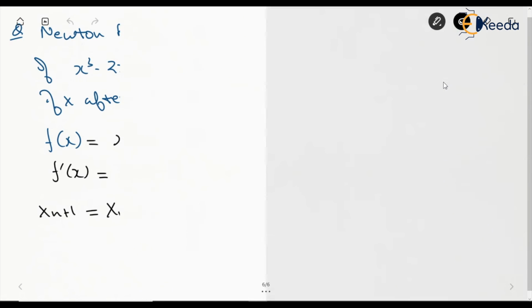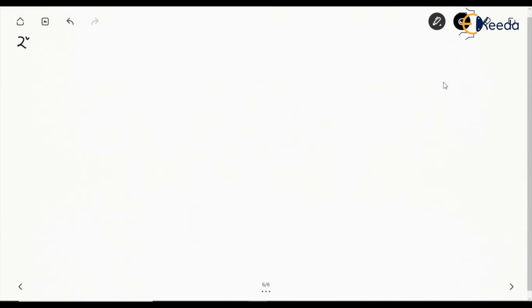So second iteration, let's say what is f of 2.1 and also f dash of 2.1.